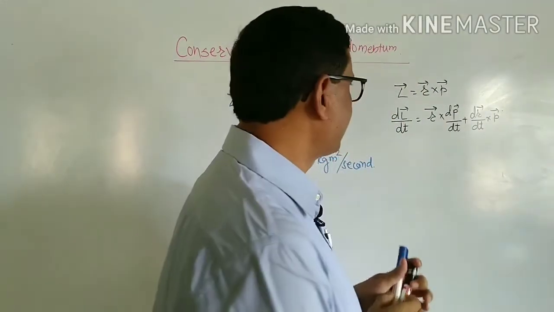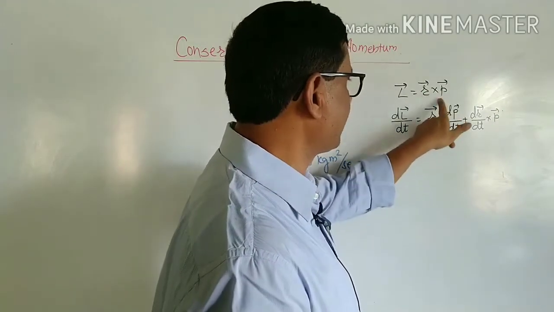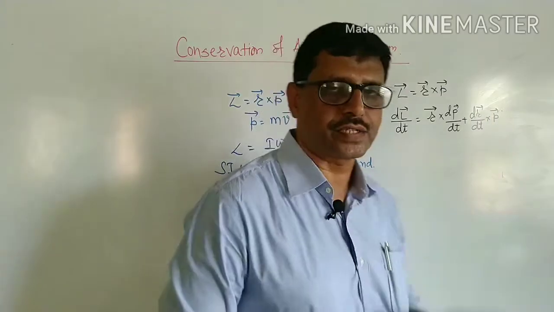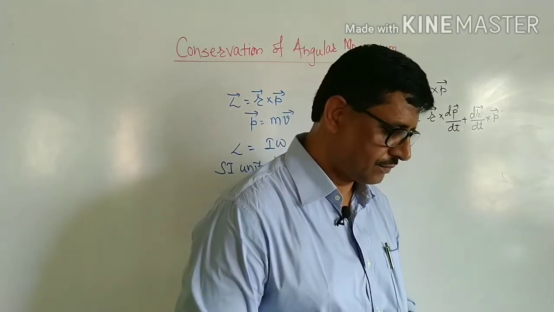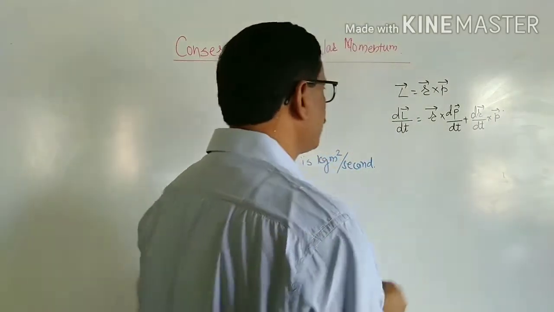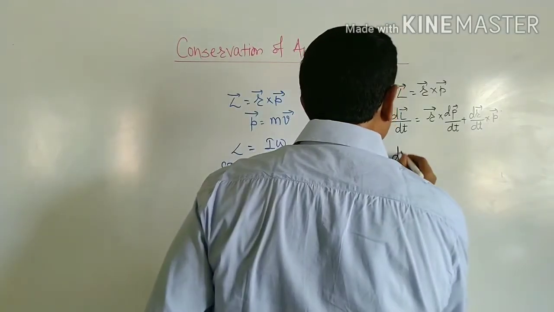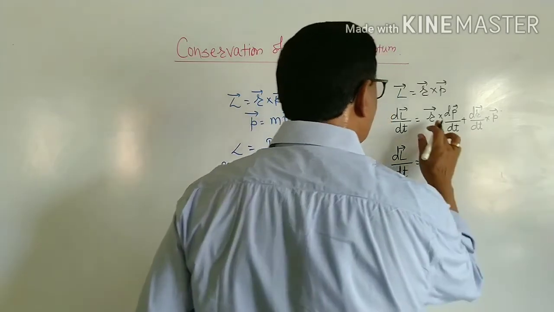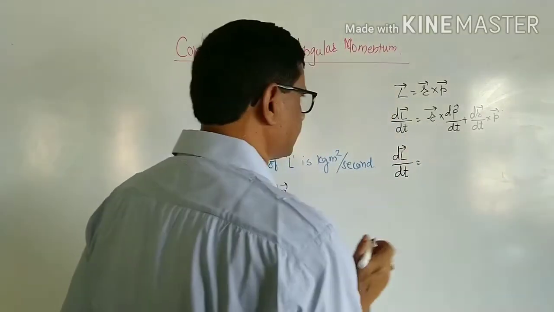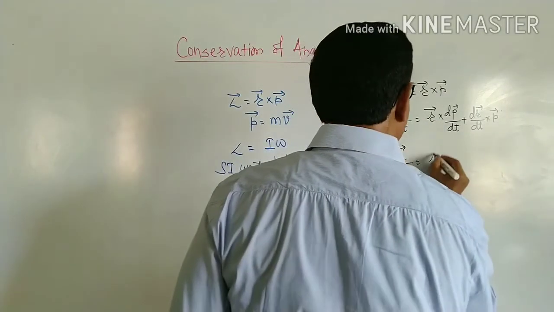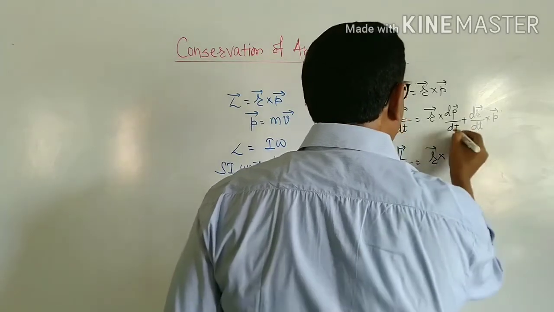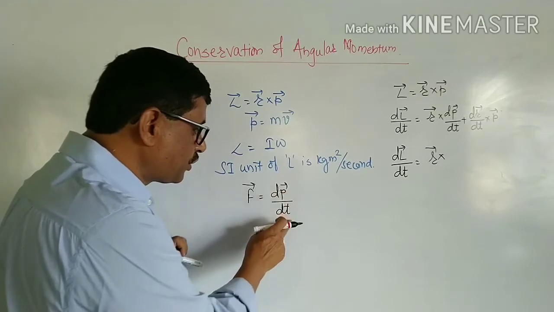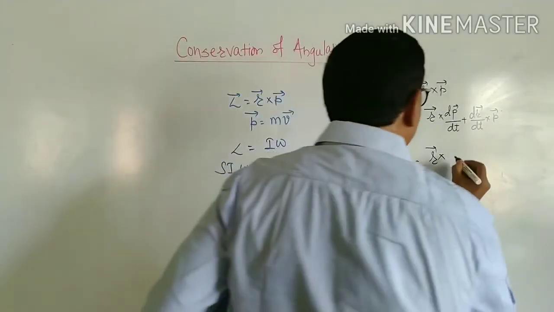From the laws of derivative, the first term is constant, derivative of the second, and then the second is constant, derivative of the first. Therefore, dL by dt, the rate of change of angular momentum, is equal to R cross dP by dt. dP by dt is the rate of change of momentum and it is equal to force.